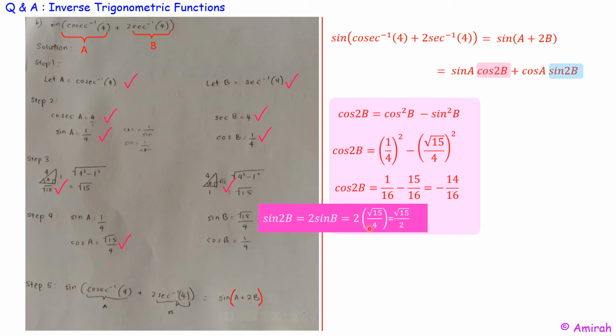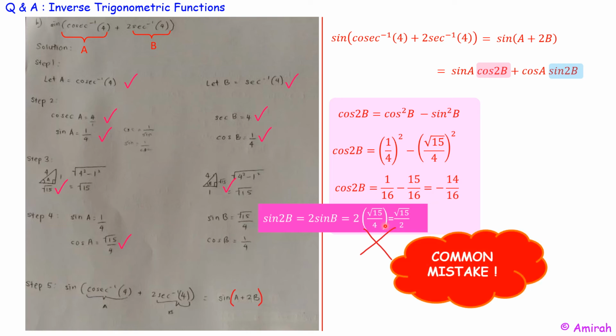And actually, this is totally wrong, right? We cannot use sin 2B equals 2 sin B and just multiply sin B by 2. Okay, it is wrong. But unfortunately, this is a very, very common mistake.